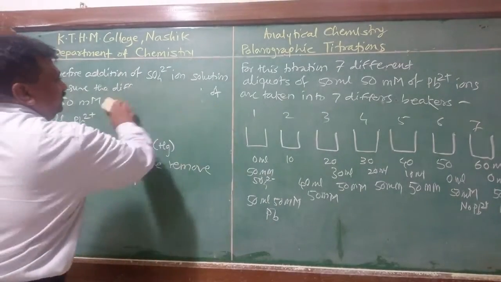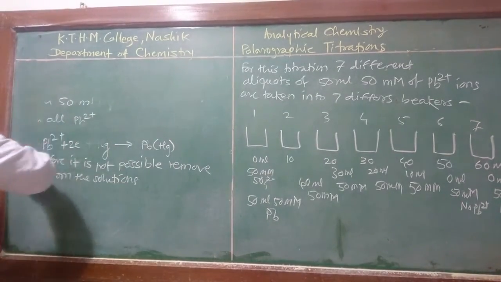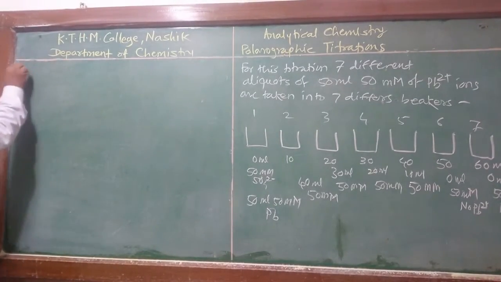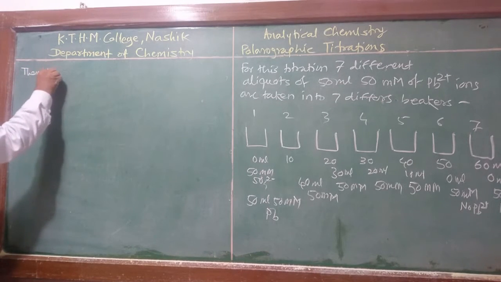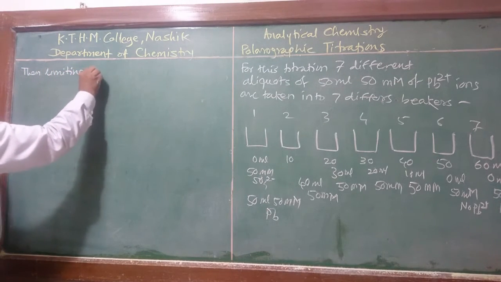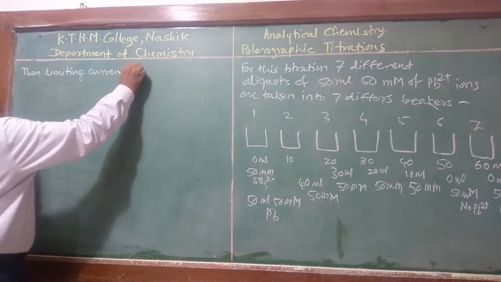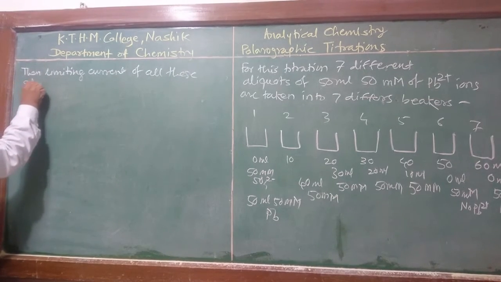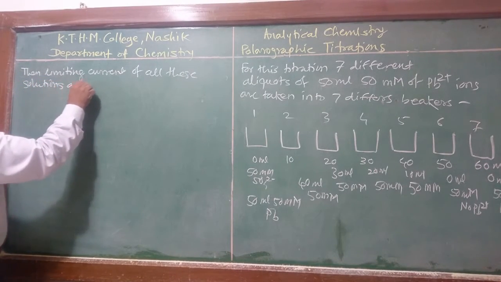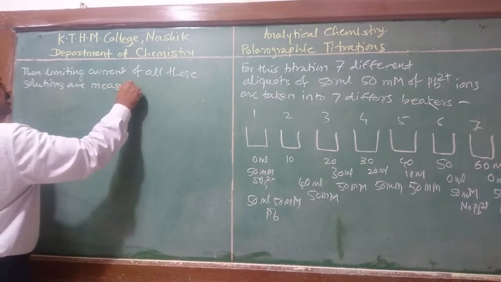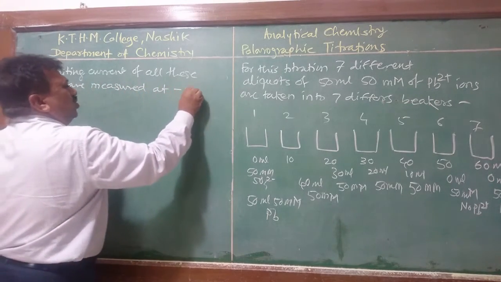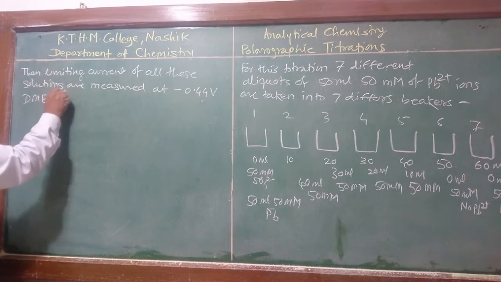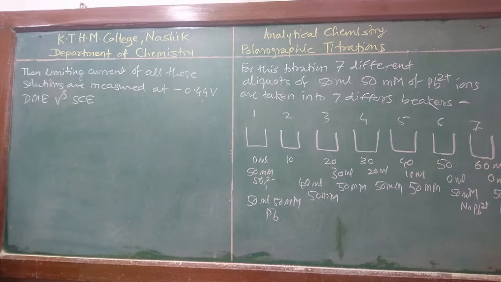When we measure the diffusion current, or limiting current, of all these solutions, they are measured at minus 0.44 volt, DME versus saturated calomel electrode.